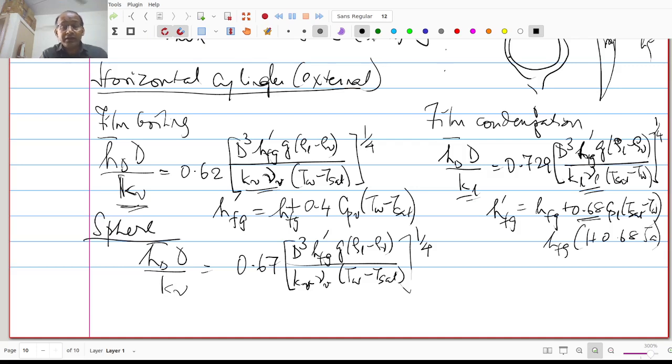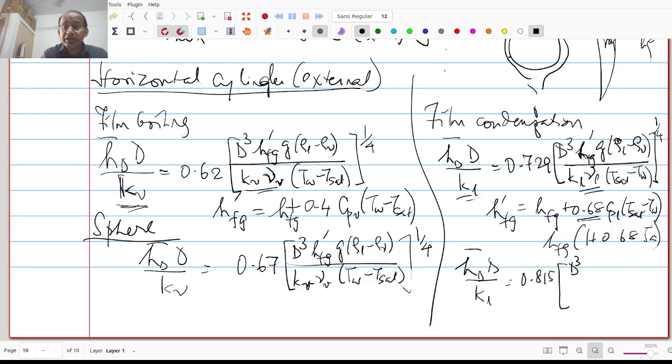And here it will be h_D bar D by k_L is equal to 0.815 multiplied by the same expression, d_q h_fg prime g into (rho_L minus rho_V), divided by k_L nu_L into (T_sat minus T_1), whole thing raised to 1 by 4.